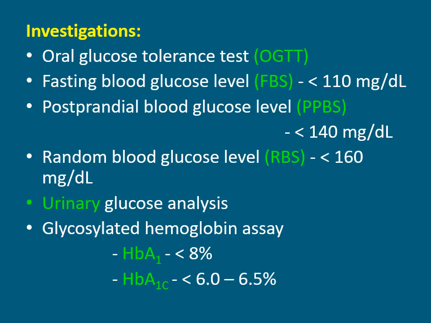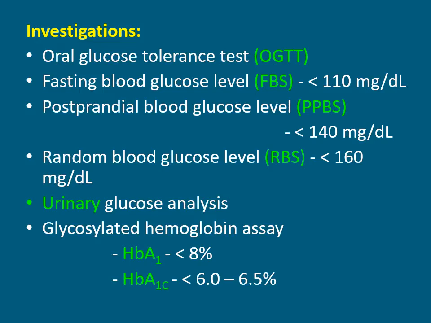Next, postprandial blood glucose level, PPBS. Normal level is less than 140 milligrams per deciliter. Next, random blood glucose level, RBS, is less than 160 milligrams per deciliter.